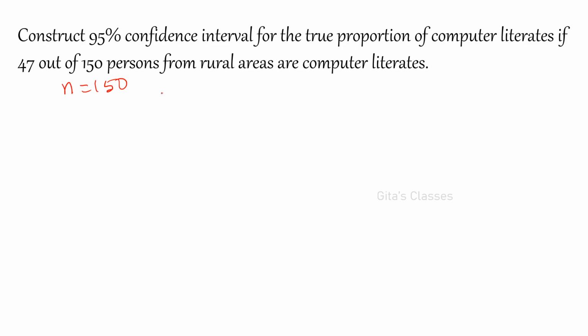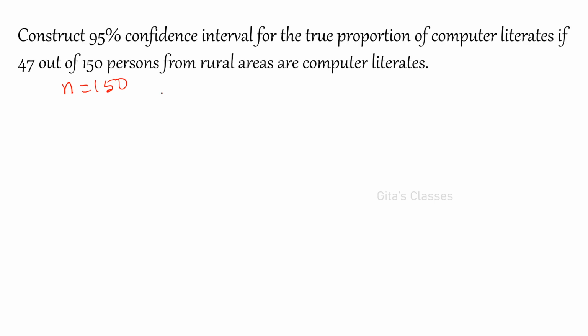According to that, you should be able to find out whether it is mean or proportion. Here, 47 out of 150 persons. Out of, that is a clue for you that it is a proportion.